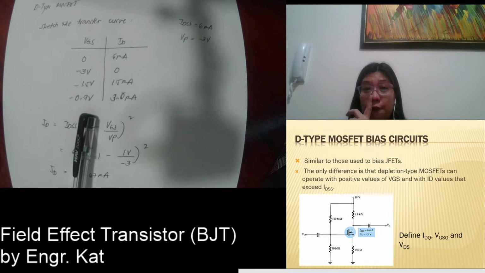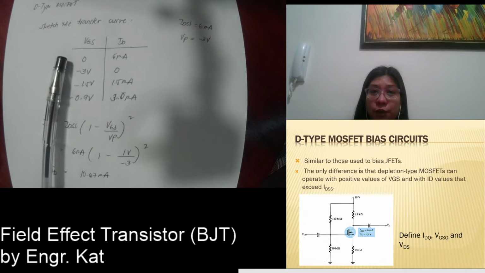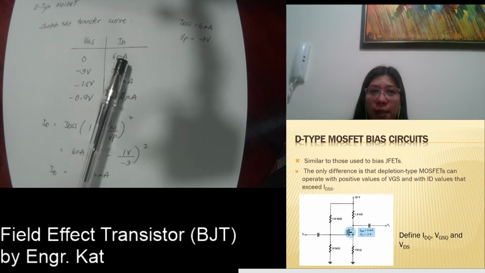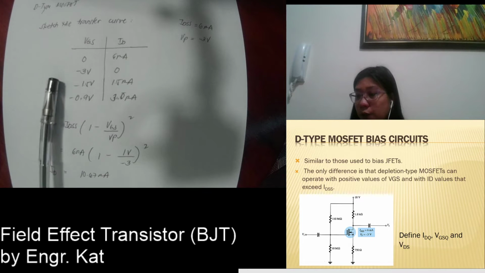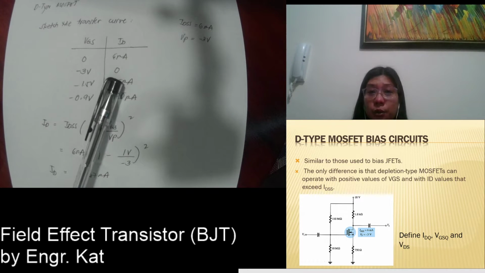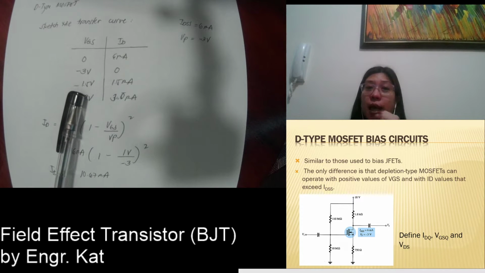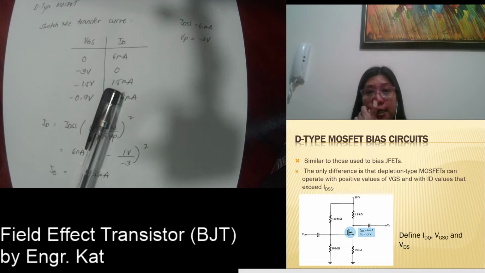As you can see from our table here, when your VGS is equal to 0, your ID is equal to your IDSS, which is 6 milliamps. When your VGS is equal to your VP, which is negative 3, your ID is equal to 0. When your VGS is half of your VP, so in this case negative 1.5 volts, that is equivalent to 1/4 of your IDSS, so that is 1.5 milliamperes.